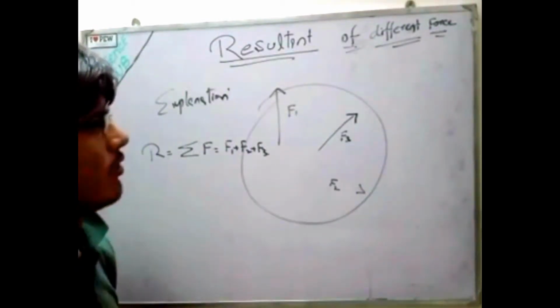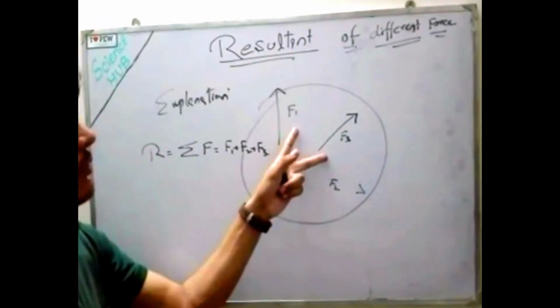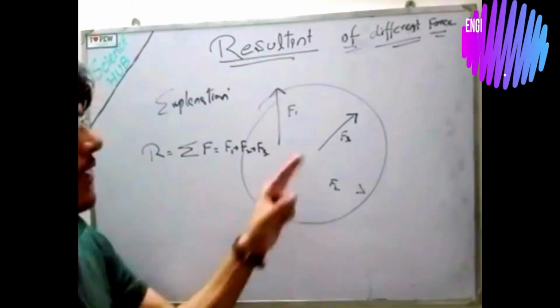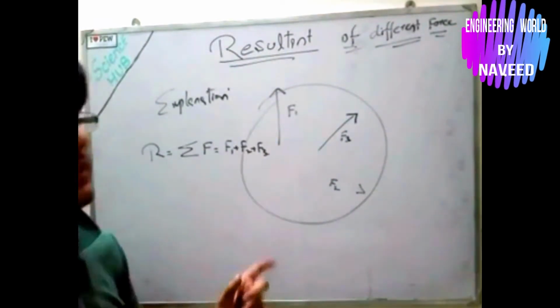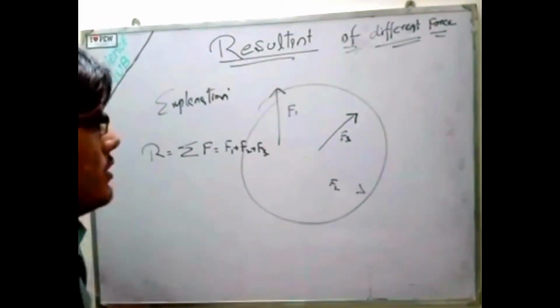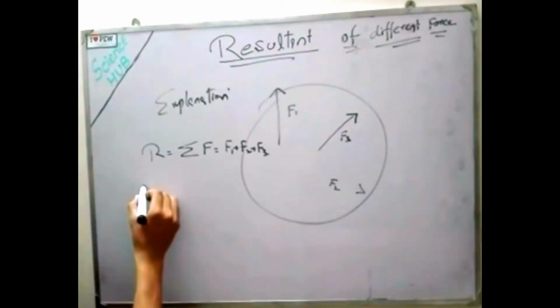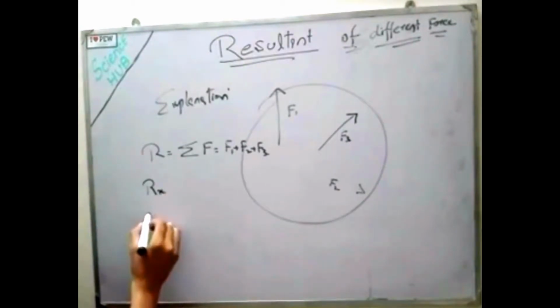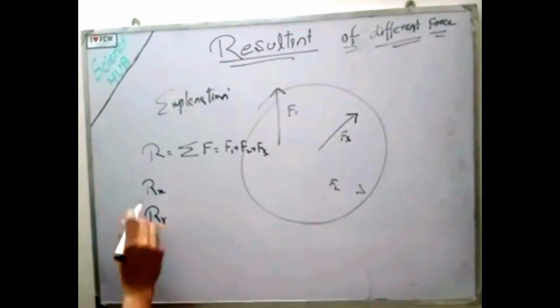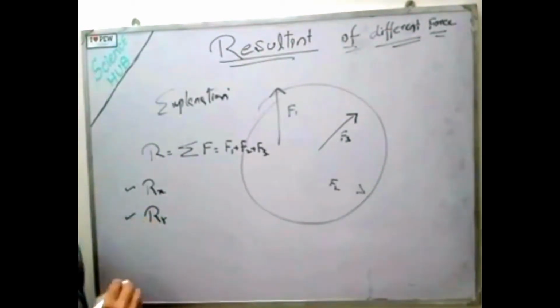Now, to find the resultant of all the forces, you need F1, F2 and F3, and we find them by resolving these forces. We have two components, one is Rx and another is Ry.